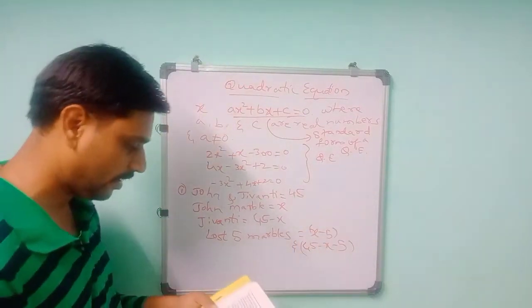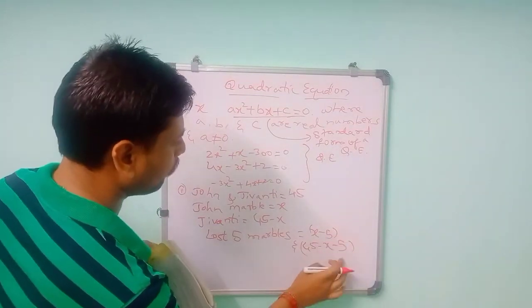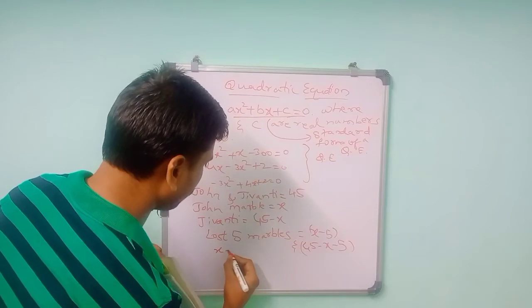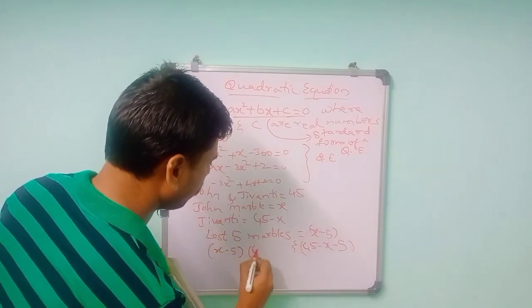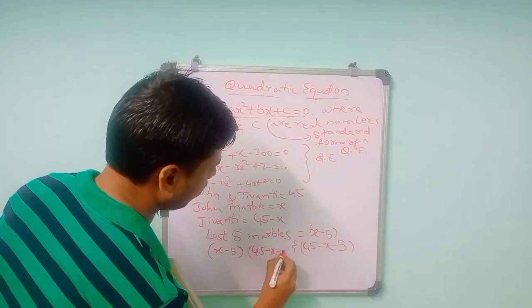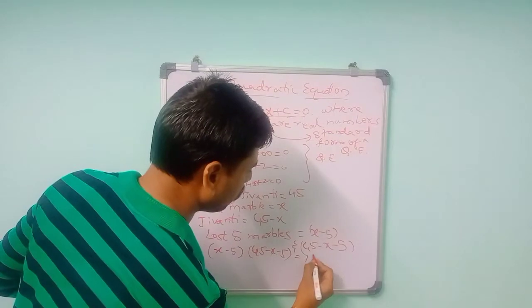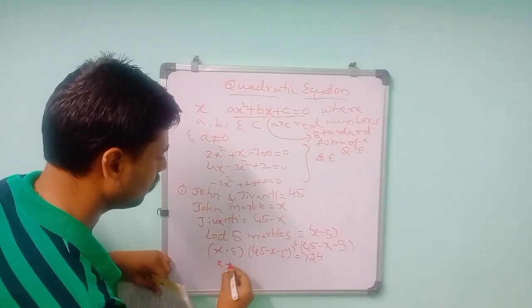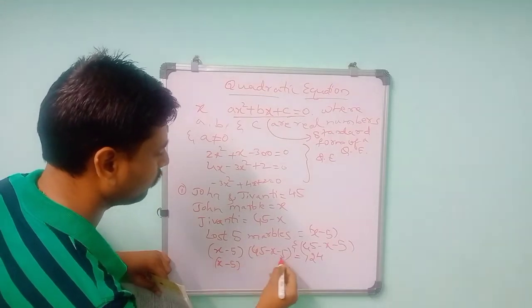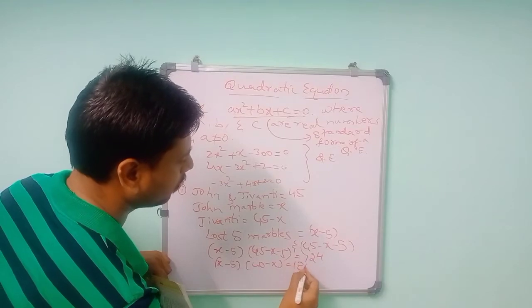Then they gave that the product of the number of marbles of John and Jivanti, x minus 5 into 45 minus x minus 5, is equal to 124. So x minus 5 into 40 minus x is equal to 124.